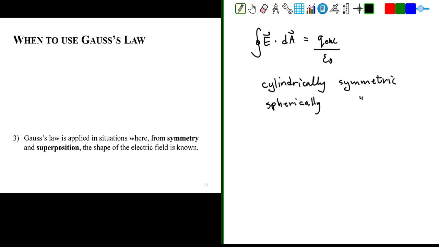Whenever we see an electric field that has planar symmetry, we should consider Gauss's law, because in each of these situations, the evaluation of an integral using Gauss's law becomes a trivial matter. We'll see this in the next set of videos.